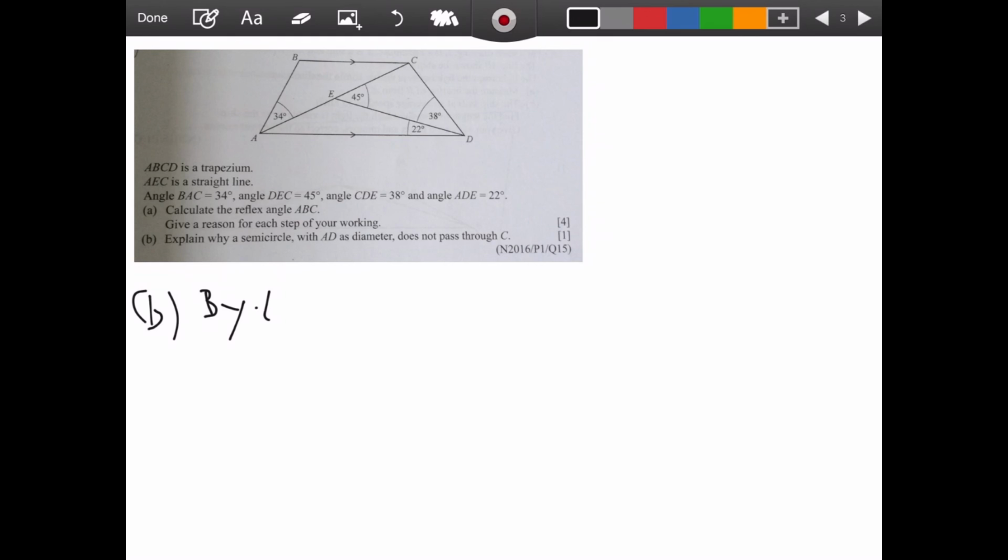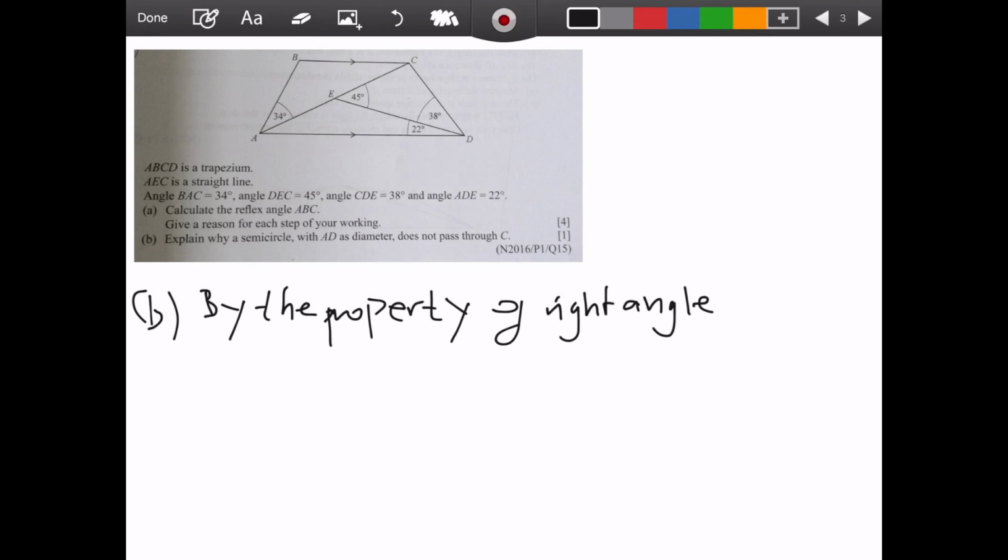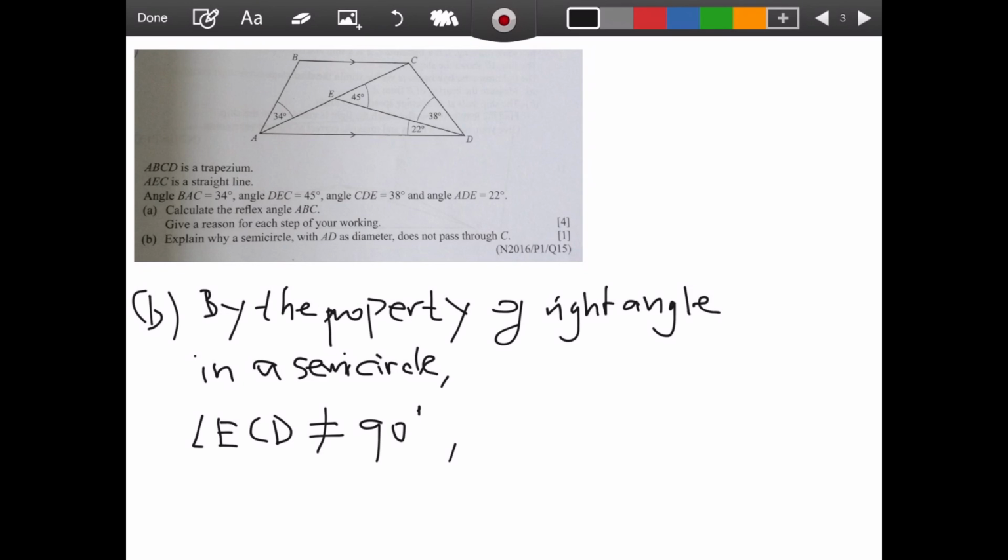You just write down: by the property of right angle in a semicircle, since the angle ECD is not equal to 90 degrees, the statement in the question is true.